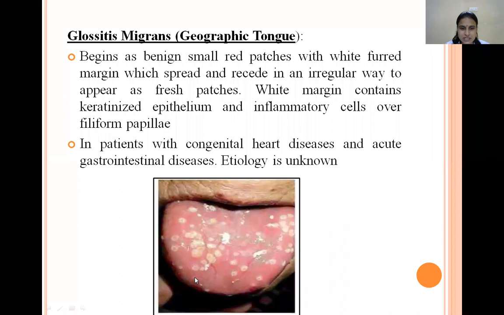Now this white margin that we've seen here contains keratinized epithelium and inflammatory cells. This type of glossitis is seen mostly in patients with congenital heart disease and also acute GI diseases.